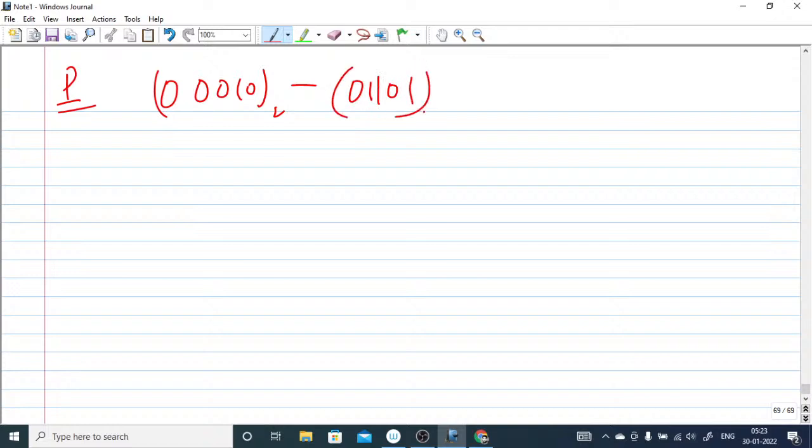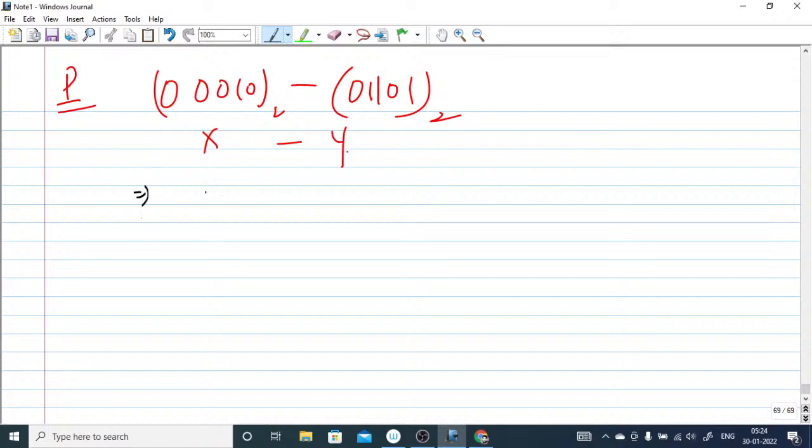Suppose, next problem, let us take the next problem. Suppose 0 0 0 1 0, this is binary, and minus 0 1 1 0 1. This is x minus y you have to do, right? Now we will be performing subtraction with the help of, always, 2's complement only, right?